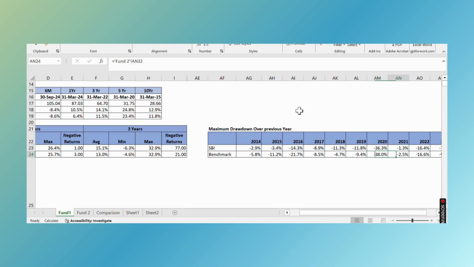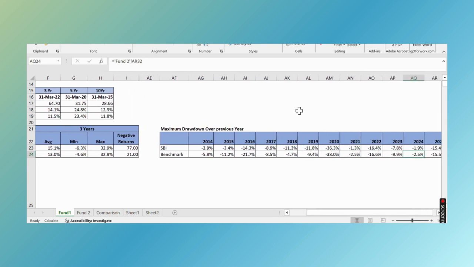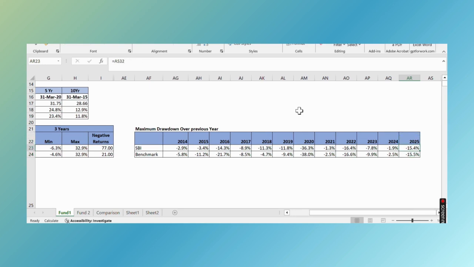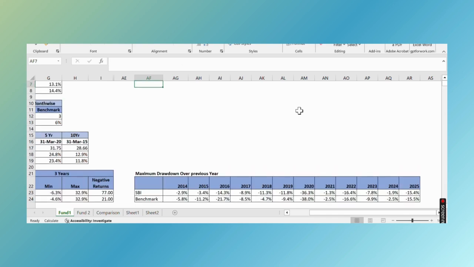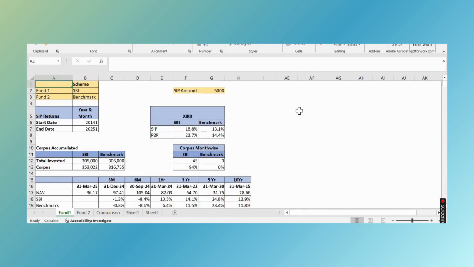Similarly in 2022 and even with the recent mini crash of 2025, again it's been similar in terms of the maximum drawdown. So essentially what it means is you evaluate the funds more on the returns because the maximum drawdown is kind of similar. So for this period we can say that SBI has performed better.